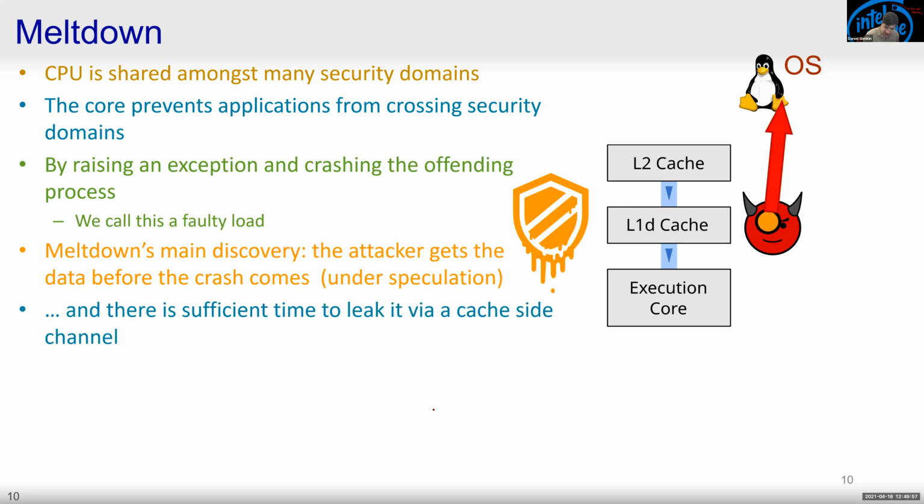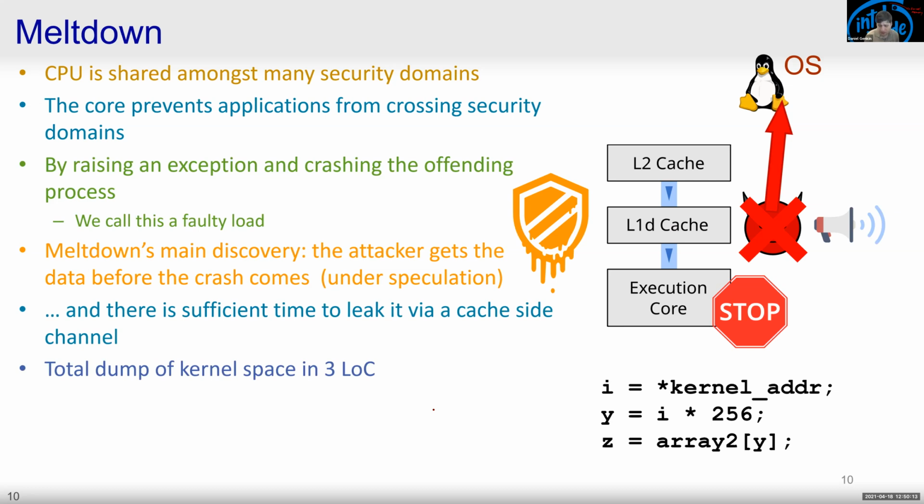Remarkably, there is even enough time to leak it via a cache side channel until eventually the permission check catches up and kills the offending program. Of course, by then, too little, too late. And if you want to see how bad this is, you can dump the kernel in 3 lines of code.